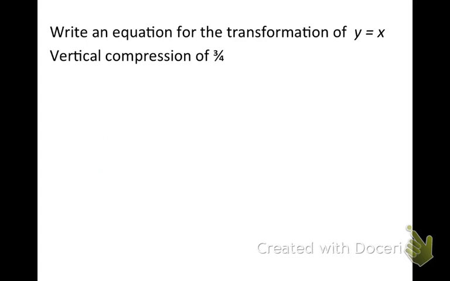Let's write an equation for the transformation of the parent function y equals x. And I want to make the transformation a vertical compression of 3/4. Well, again, go back in your notes and notice that a compression is where you change the slope, or the m value. You're going to take whatever this compression is and multiply it by your m value.